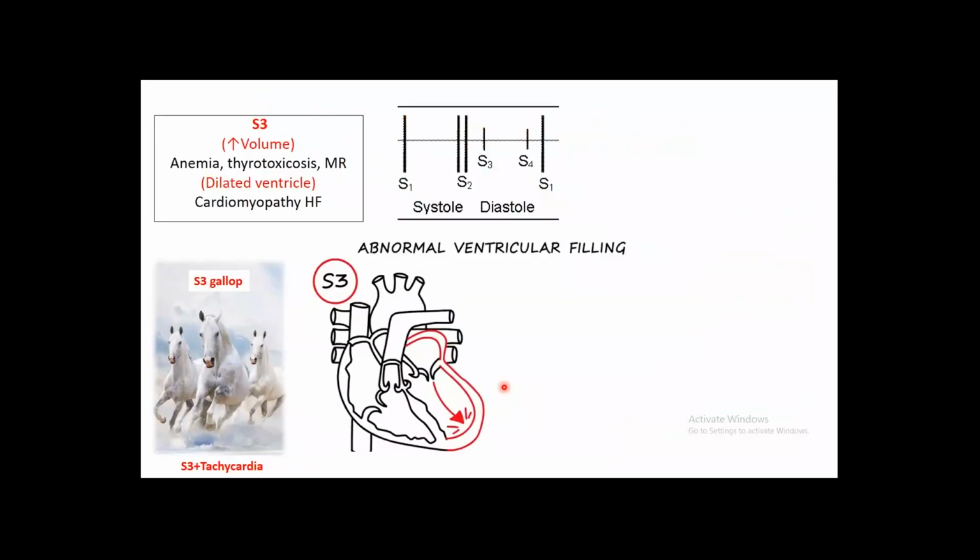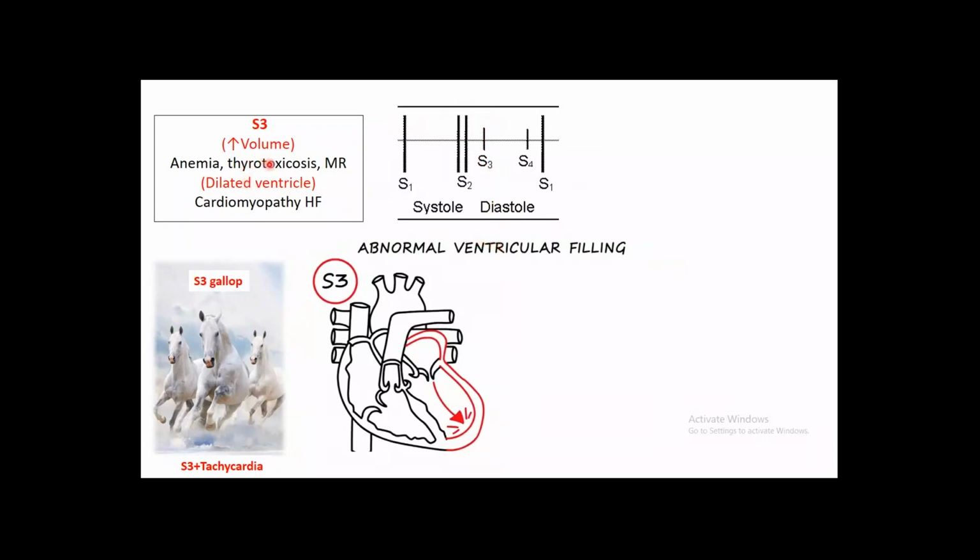Then moving to extra heart sounds. What are the extra heart sounds that could be heard? An extra heart sound heard during the passive filling of the ventricle in early diastole is called S3. S3 denotes increased volume of blood during this passive filling phase. What causes increased volume?